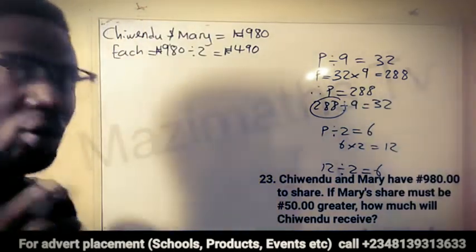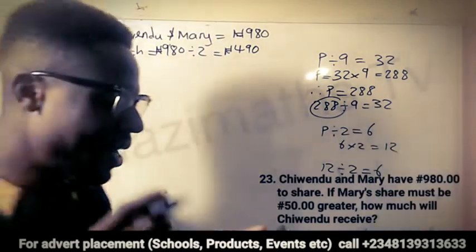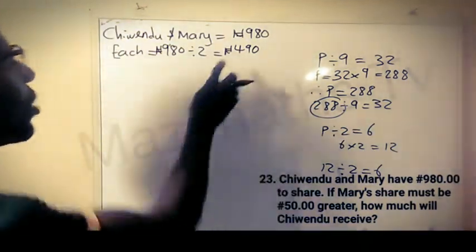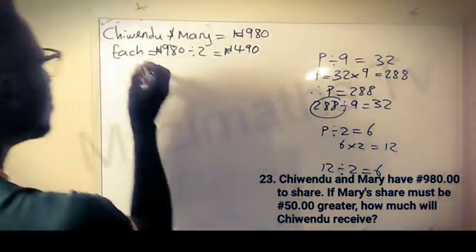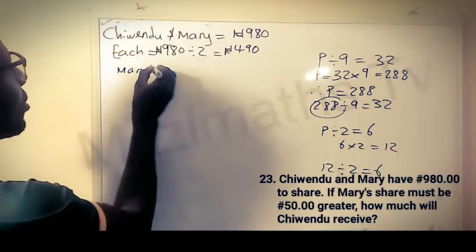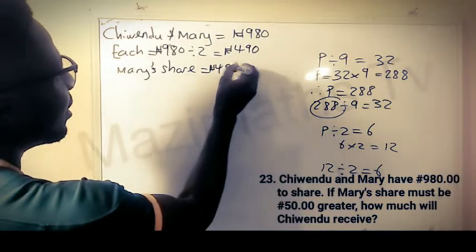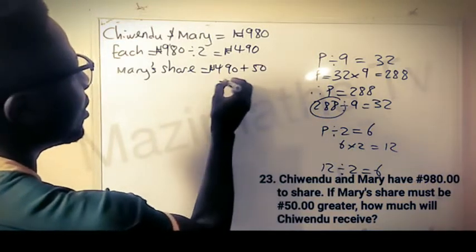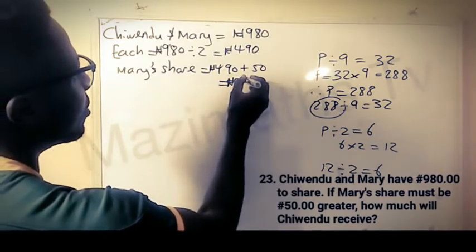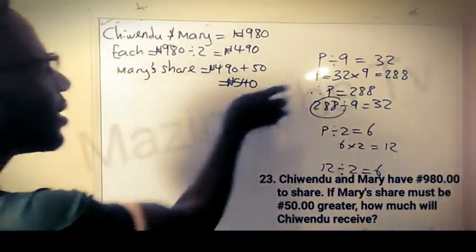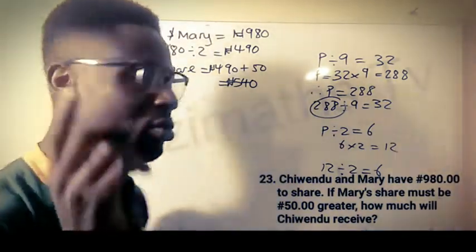But that's not where we are going, because we are told that Mary's share must be 50 naira greater than Chiwendu's, which means Mary's share will now be 490 naira plus 50. So our share now is 540 naira. So that 50 naira that you add to Mary's share, you will take again from Chiwendu's share to know how much Chiwendu received.